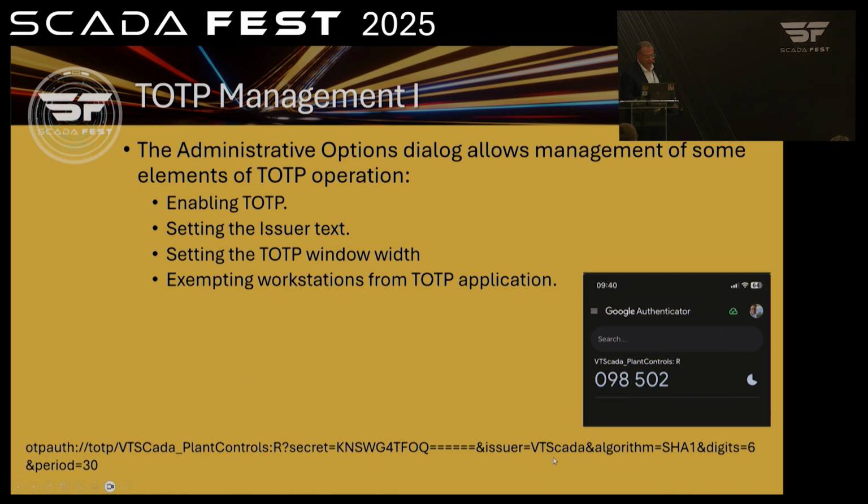The other stuff you see here is the algorithm. You notice the algorithm, SHA-1. That's the hashing algorithm, digits 6 and the period 30. All of those three are the hidden configuration we told you about, because even if you change them, the Authenticator would ignore them and consider these the only settings that they deal with.